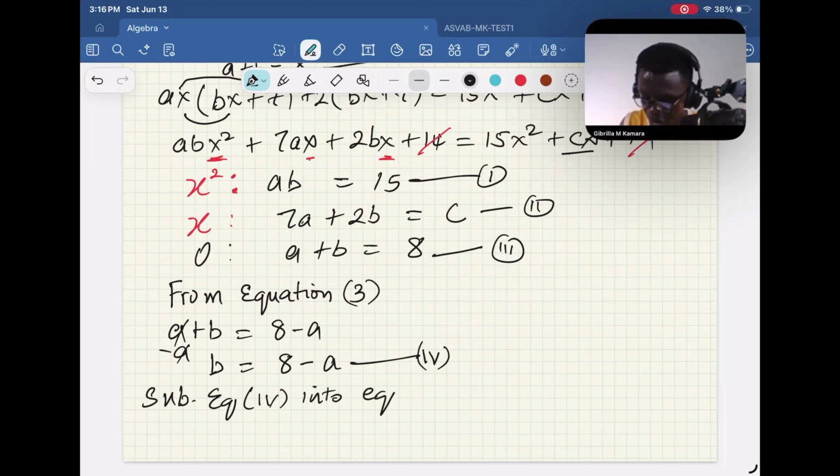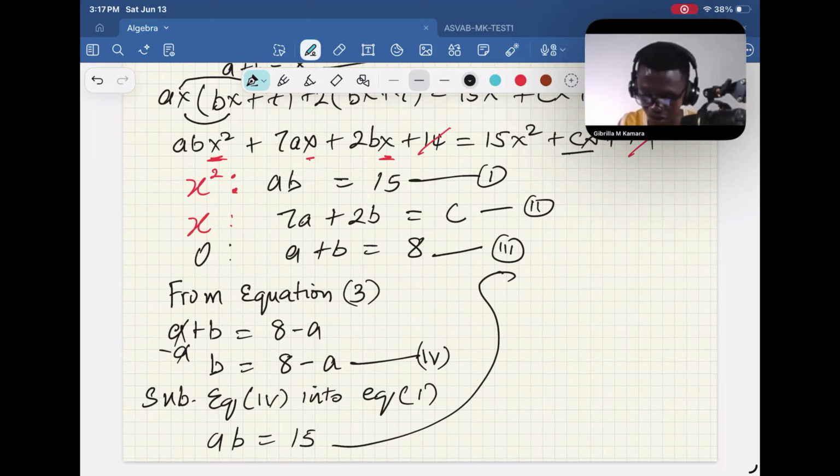Remember equation 1 says ab = 15. So this becomes a, and your b now is 8 - a, then everything there equals this 15.